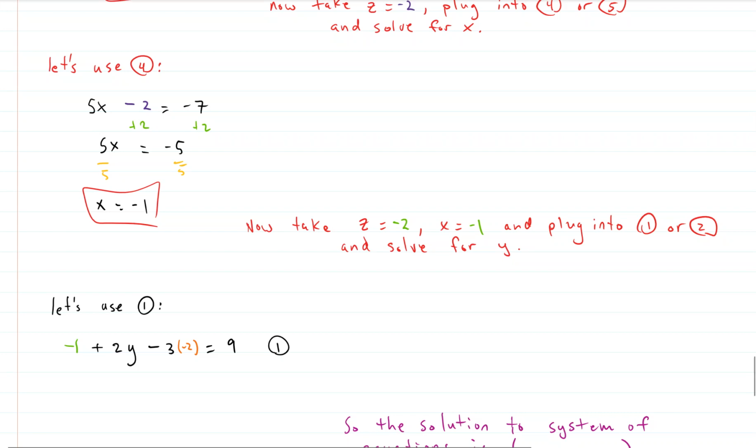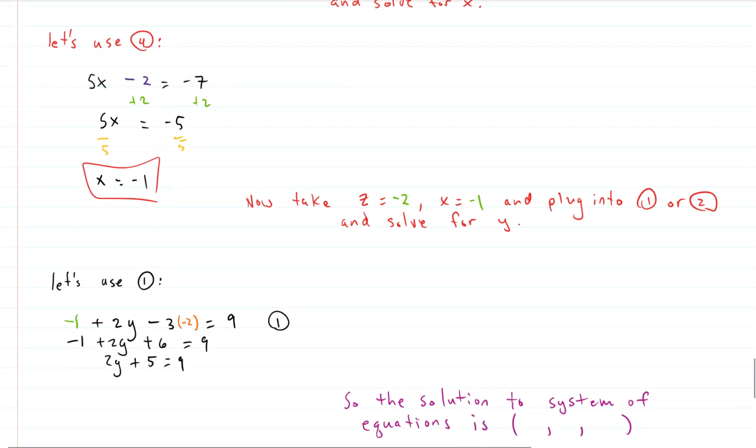So we have negative 1 plus 2y plus 6 equals 9. The 6 and the negative 1 give us positive 5. So we have 2y plus 5 equals 9.